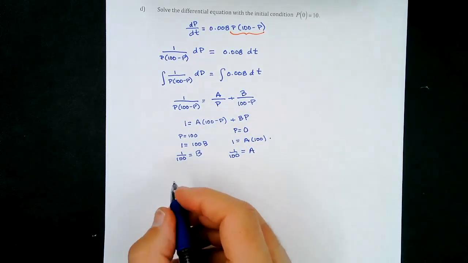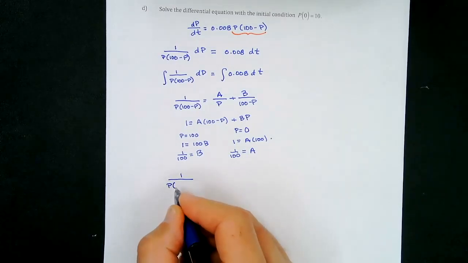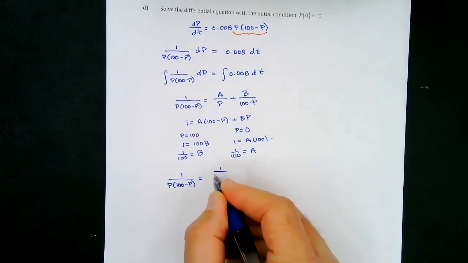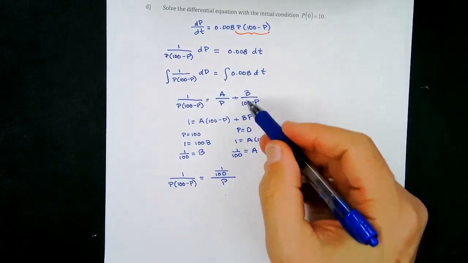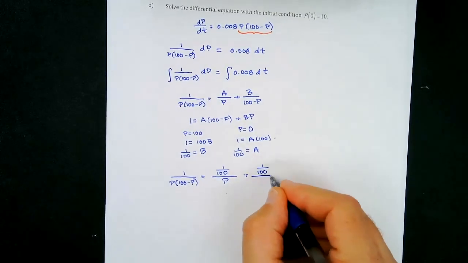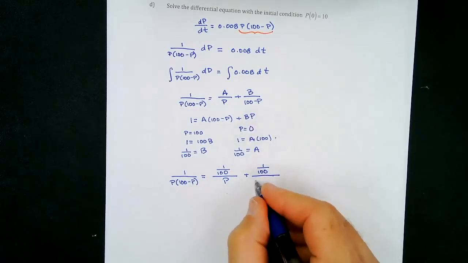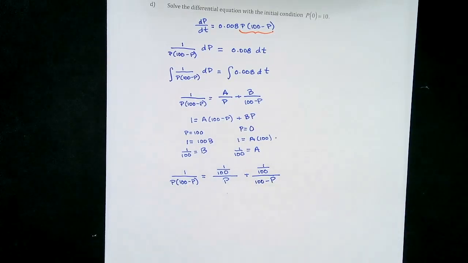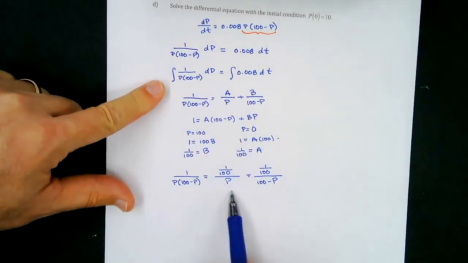So that would mean that 1 over P times 100 minus P is equivalent to 1 over 100 over P, because that's my A over P, plus my B, which is 1 over 100 over 100 minus P. Okay, so that means this integral right here can be replaced with this integral.